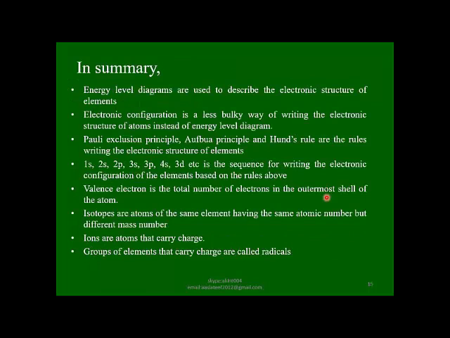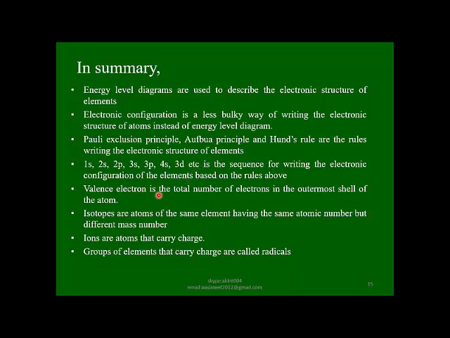In summary, energy level diagrams are used to describe the electronic structure of the element. The electronic configuration is a less bulky way of writing the electronic structure of atoms instead of energy levels. The Pauli exclusion principle, Aufbau principle, and Hund's rule are the rules of writing the electronic structure of elements. 1s followed by 2s followed by 2p up to 3d etc. is a sequence for writing the electronic configuration of the element based on the rules above.